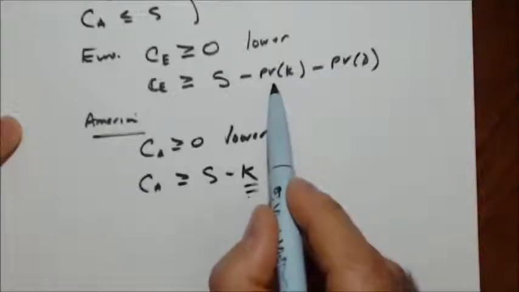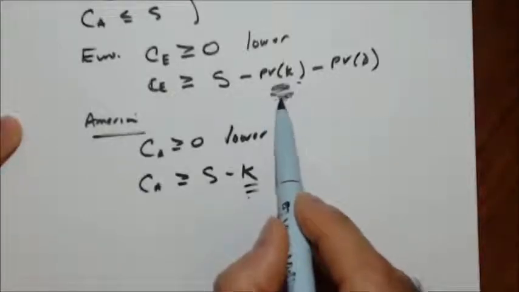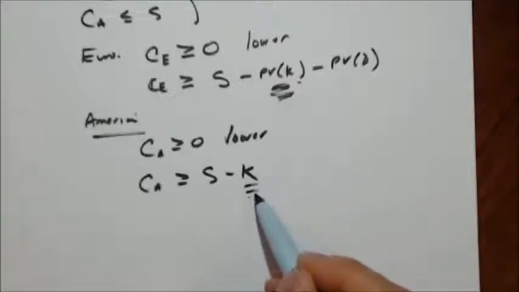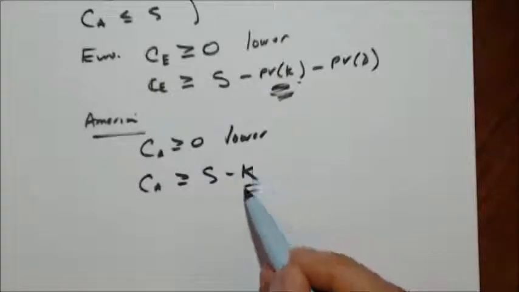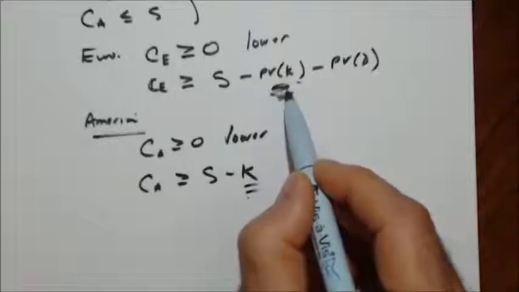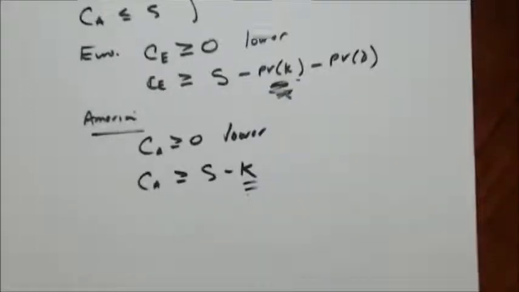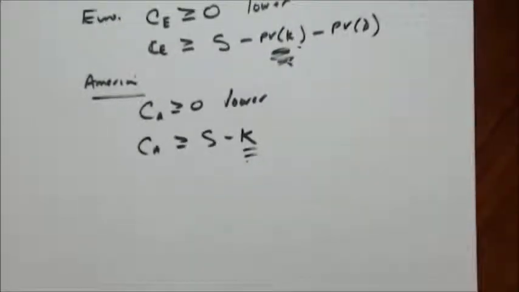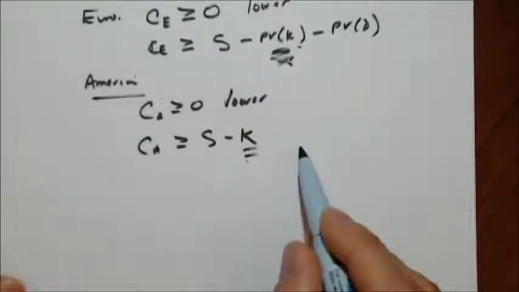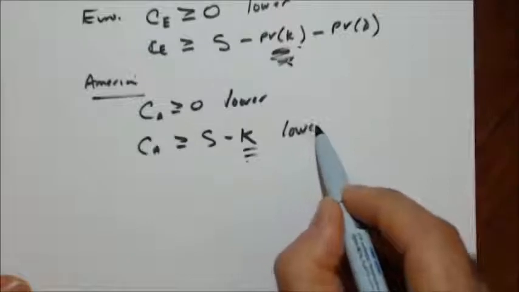And when you see a PVK, it almost always is telling you this is a European option. K by itself, you've got to be careful. K by itself sometimes can show up in a European, but it's usually around just an American. But for sure, when you see PVK, that's a European. Okay, so that is another lower bound here.